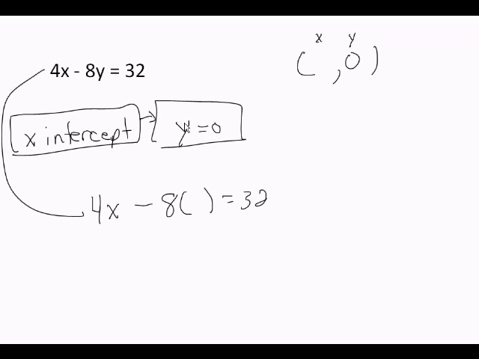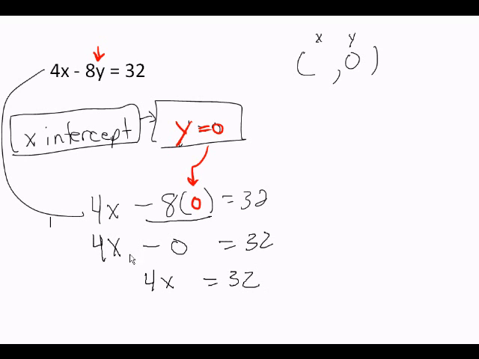And y equals 0, so I'm putting 0 into the y spot. Then do the math. 4x, and negative 8 times 0 is 0. 4x minus 0 is 4x.